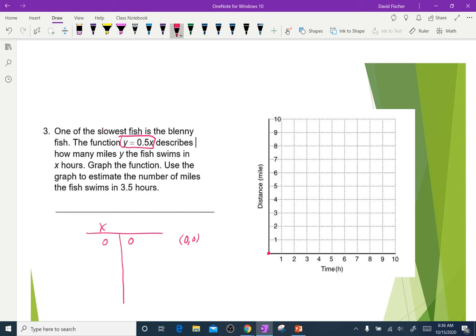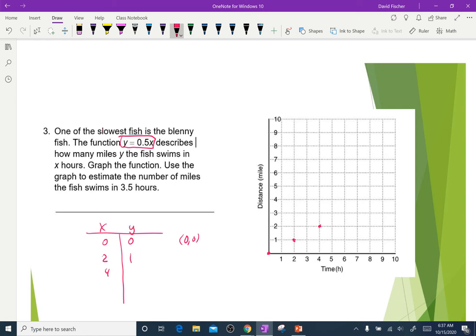So I would do numbers that are kind of like even numbers, like 2. 2 times 0.5 would be a 1. So when they're letting us pick our numbers, pick numbers that are nice and easy to do. The next one I would probably pick is 4. What's half of 4? 2. And so when they're letting us pick numbers, again, make your life simple, okay?